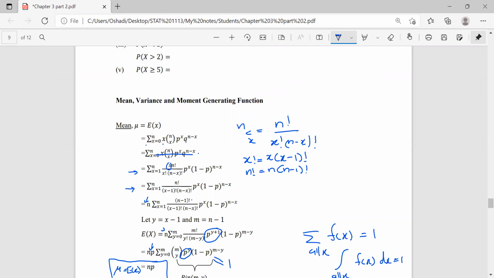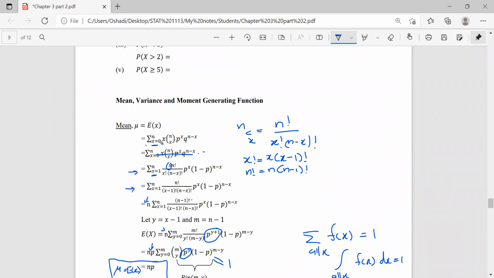So I forgot to mention here that x goes from 0 to n. It becomes here x from 1 to n. So when we substitute the value 0, this value becomes 0.